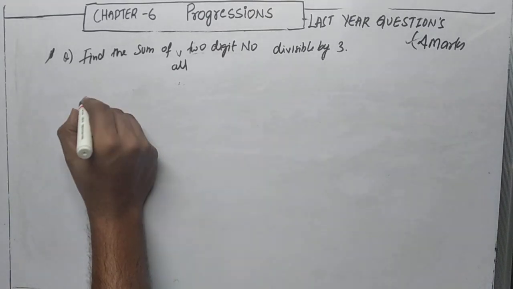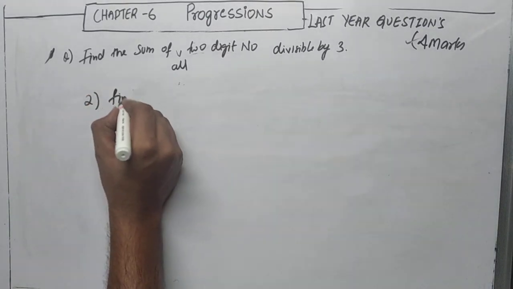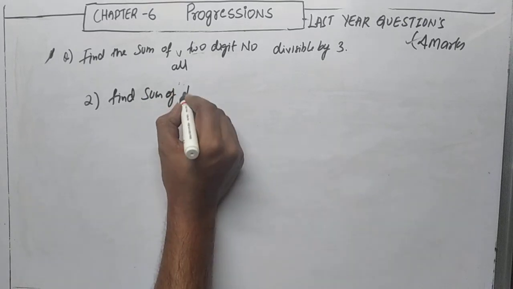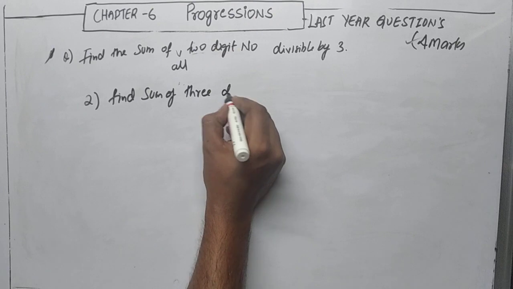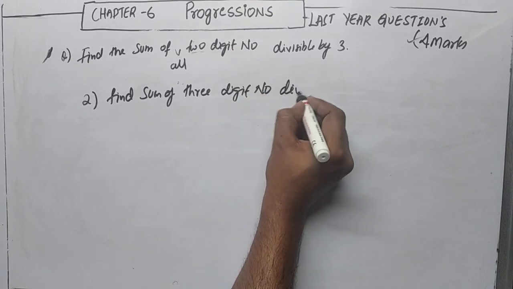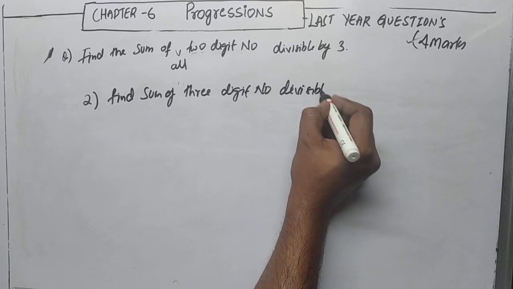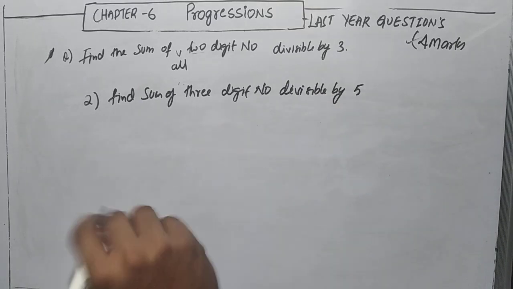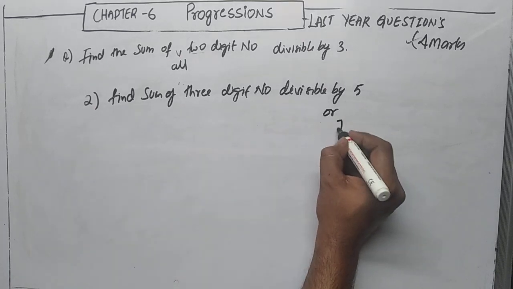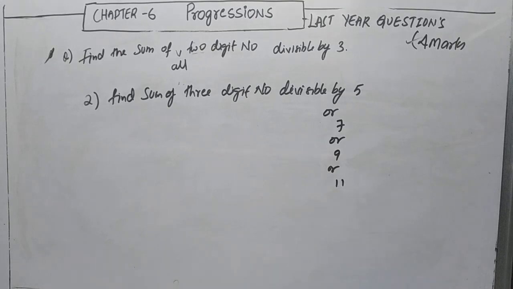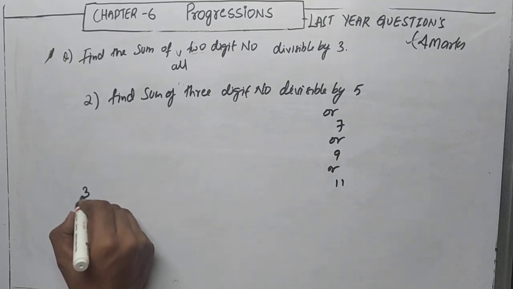Question number 2: find the sum of 3-digit numbers divisible by 5. Next questions: divisible by 7, divisible by 9, or divisible by 11. You can practice these questions.